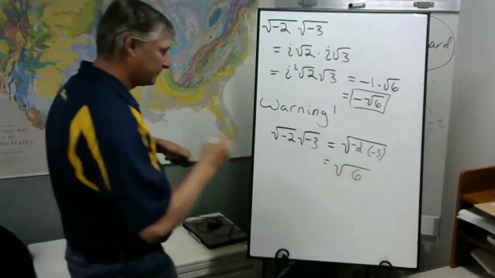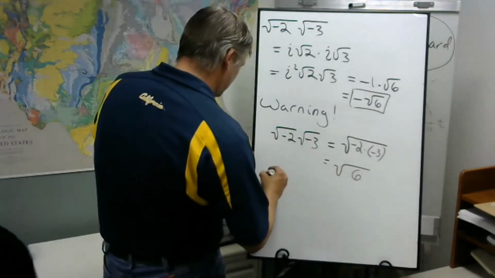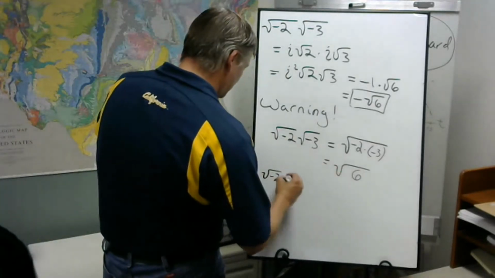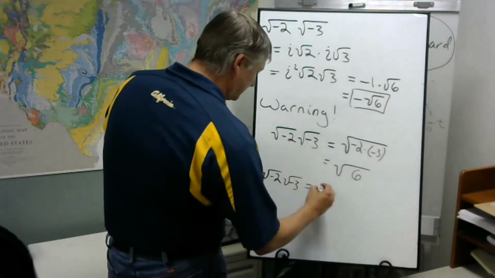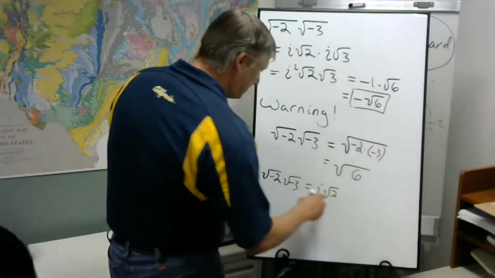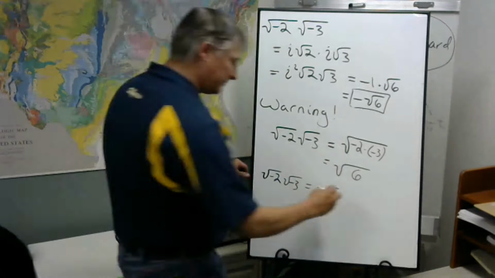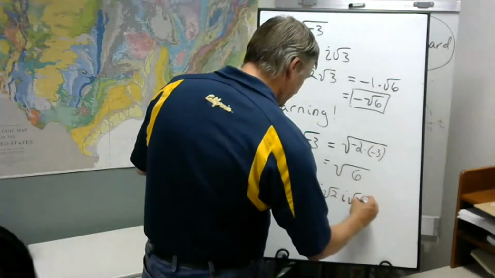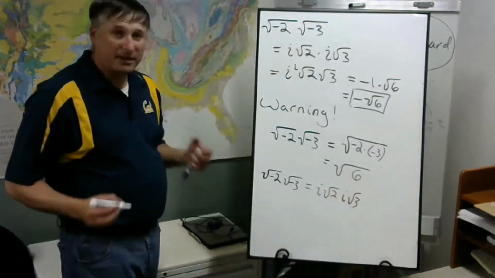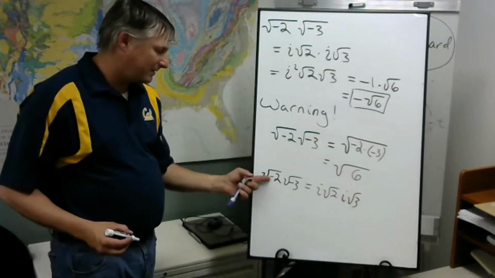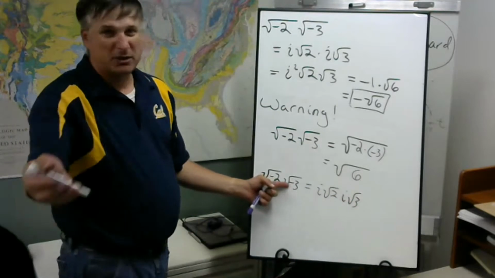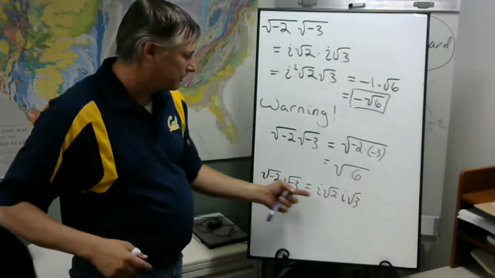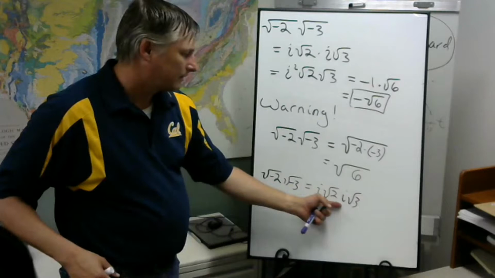What we really want to do is convert them so they're clearly i numbers. And when we pull an i out, we can drop the negative. And then we can combine. So if you have a negative in the square root, you can, in a sense, factor it out as an i.